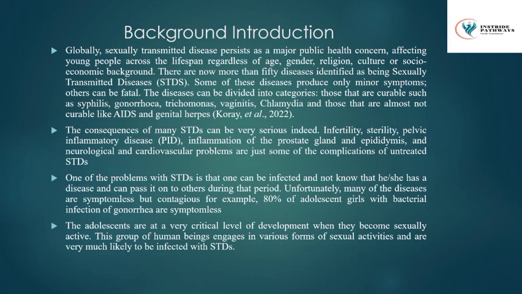So one of the problems with sexually transmitted disease is that one can be infected and not know, especially in girls. The adolescents are at a very critical level of development, between the ages of 13, 14 to, let's say, 18.